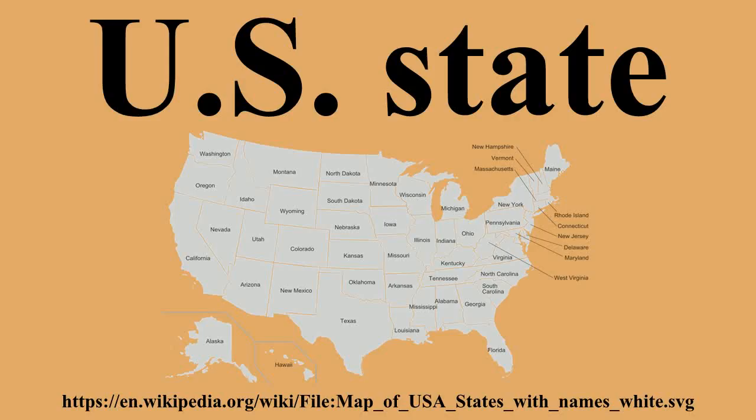In 1860 and 1861, 11 southern states seceded, but following the defeat in the American Civil War were brought back into the Union during the Reconstruction era. The federal government never recognized the secession of any of the rebellious states.